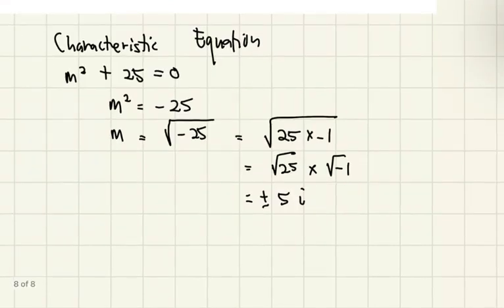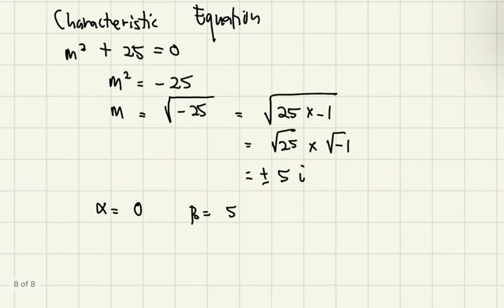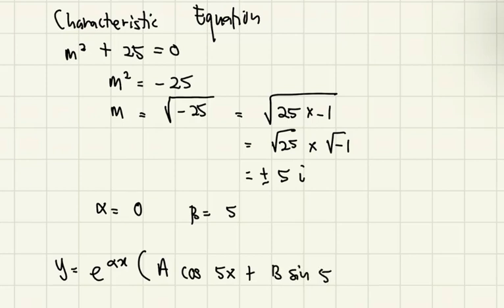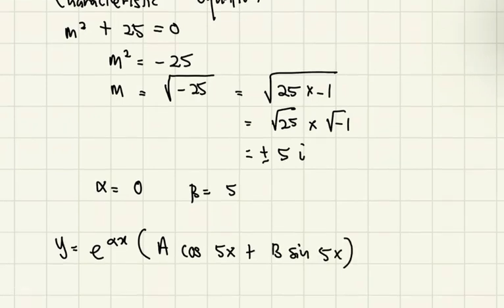So from here, a real part, we don't have any real part. That means alpha equal to 0. Imaginary part is 5. Hence, our solution will be y equals e to the power alpha x times a cos 5x plus b sine 5x.